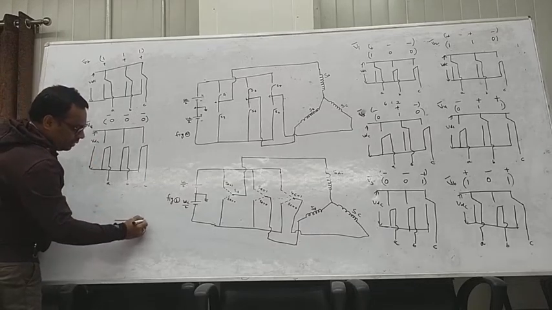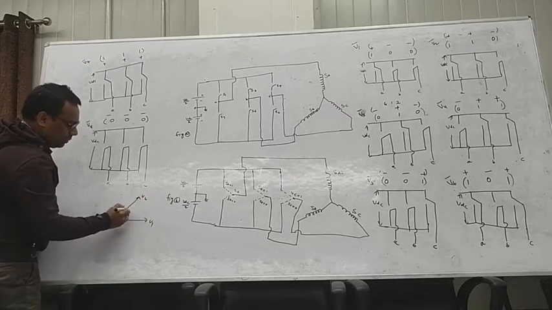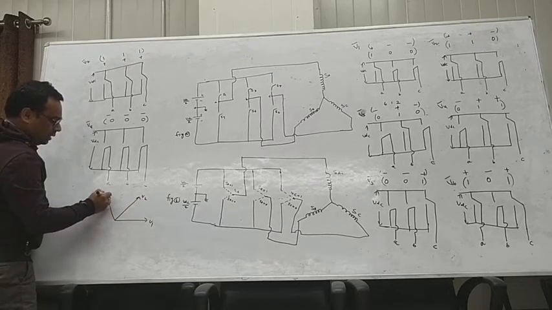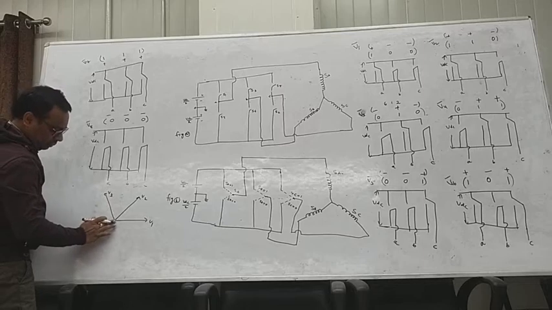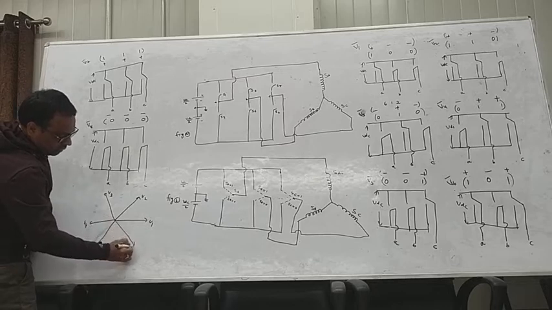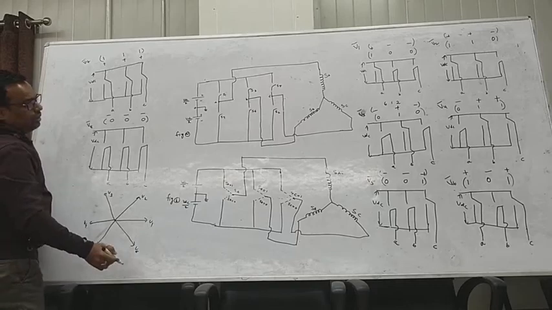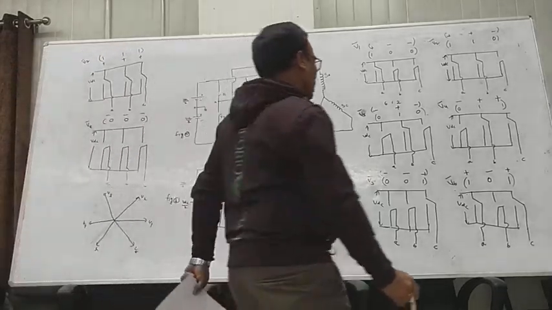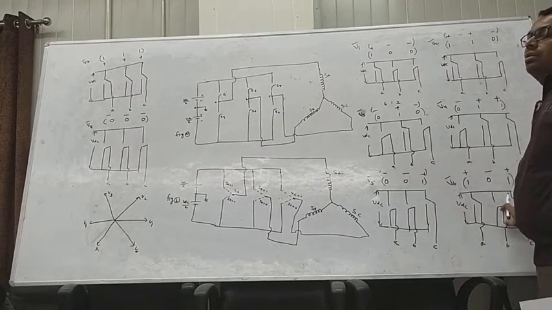So if you join, this is V1 and this is V2 and this vector is V3, this is V4, V5 and V6. So V6 is reciprocal of V3. So V3 and V6 are reciprocal. You see here, these two are.